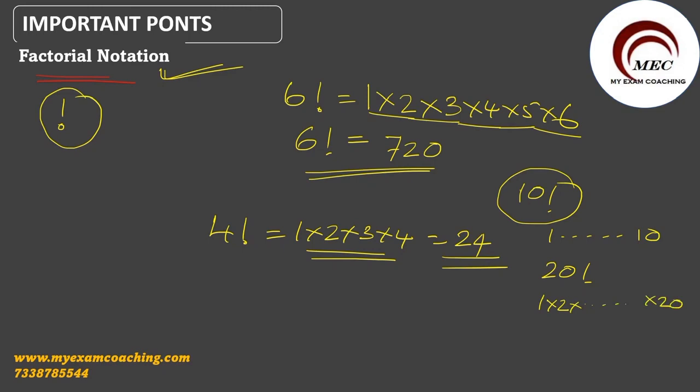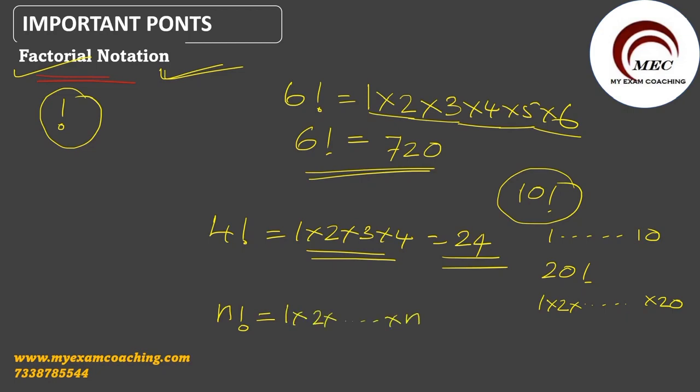In general we can write the factorial formula: for any natural number, any counting number n, n factorial is equal to 1 into 2 into up to n.